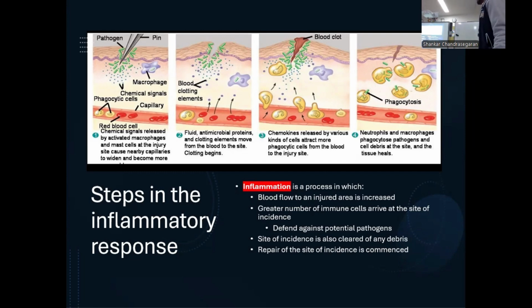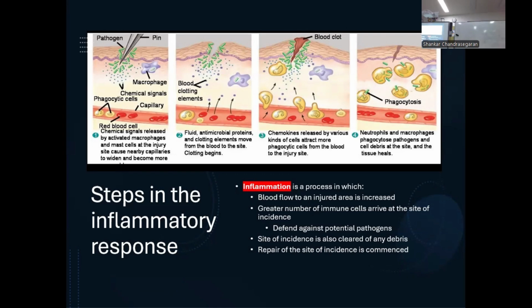Okay. Now, what we're going to look at is basically the steps involved in your inflammatory response, right? Inflammation is a process in which a few things happen, and it's always triggered by the break of the first line of defense. So a perfect example, you just got a cut on your hand.